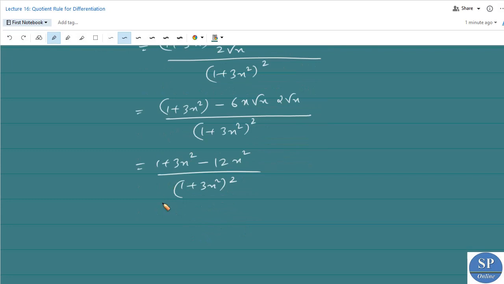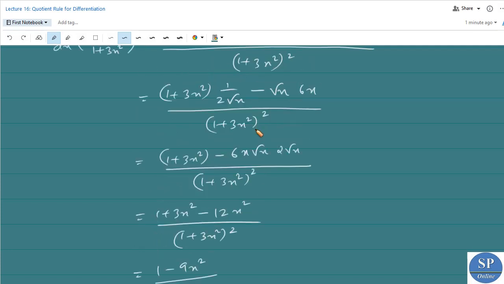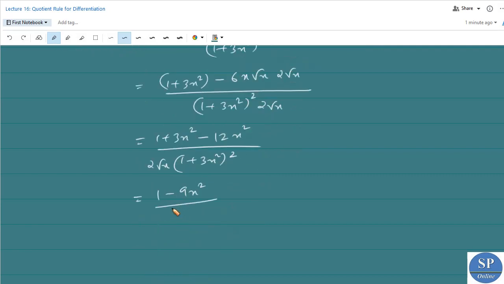So this is equal to 1 plus 3x square minus 12x square, that is 1 minus 9x square divided by, here we have made a mistake. Here we have 1 plus 3x square. We have taken this as the LCM, so in the next step we have 2 square root of x here. So divided by 2 square root of x into 1 plus 3x square whole square.